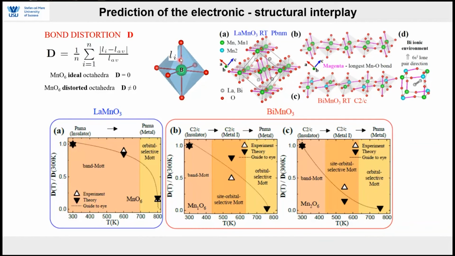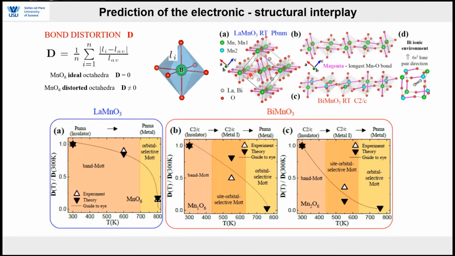So how much the bonds distort, or if I have an ideal octahedra, all these angles are 90 degrees, I can characterize by what I call the bond index. What I did now is I took the lattice parameters of lanthanum MnO3 for the insulating, metallic, and bad metal phases, and I looked at the experimental property called bond index distortion D, and these values computed for the experimental structure are these empty symbols.